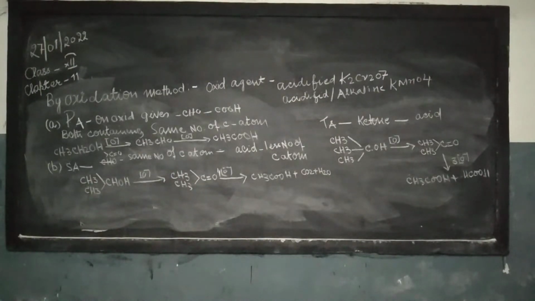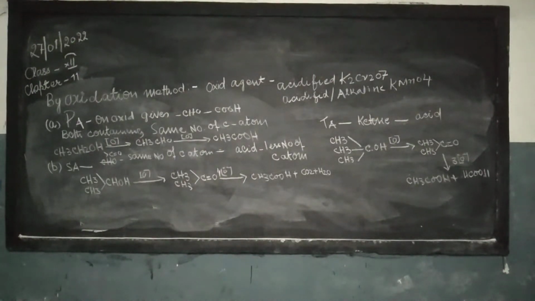Please pay attention as I am going to repeat our first method, the Lucas method. The most important point in the Lucas method is that they have asked in the board examination what is Lucas reagent. Lucas reagent is a mixture of concentrated HCl and anhydrous zinc chloride.